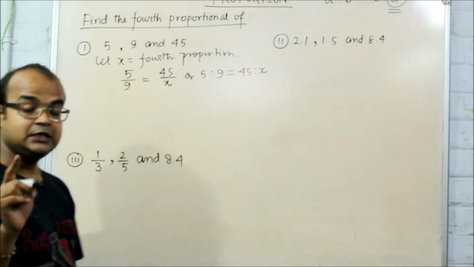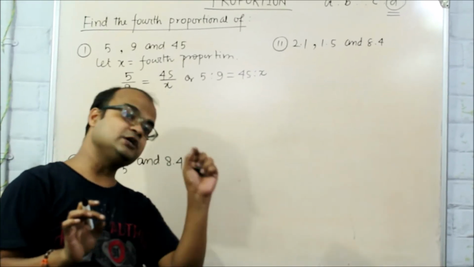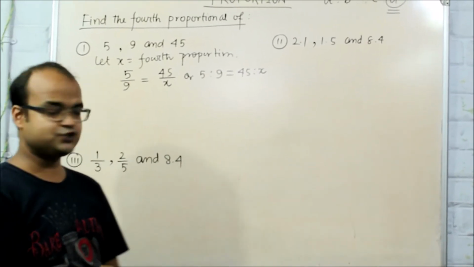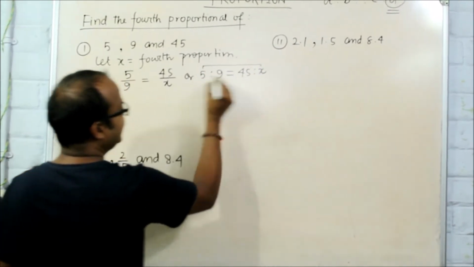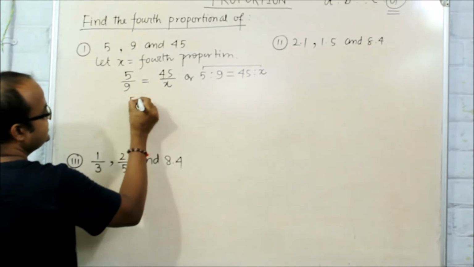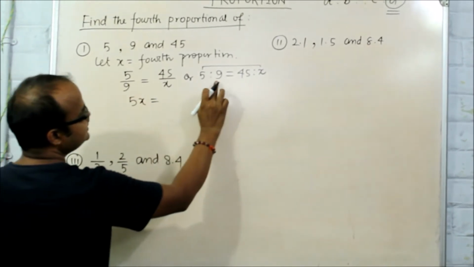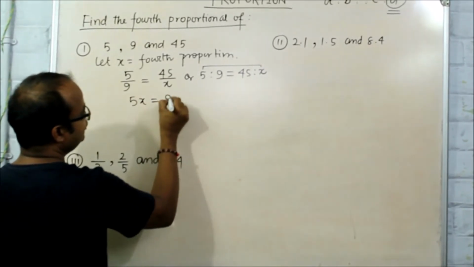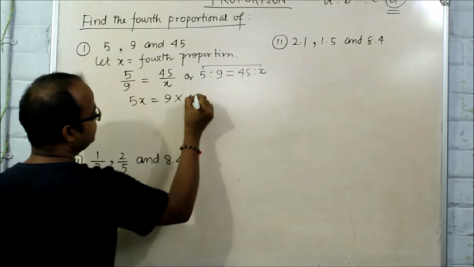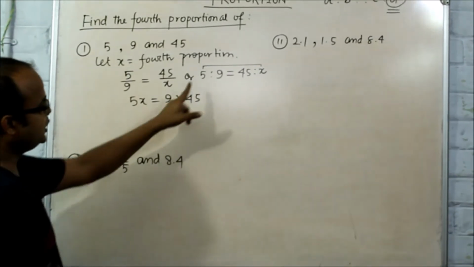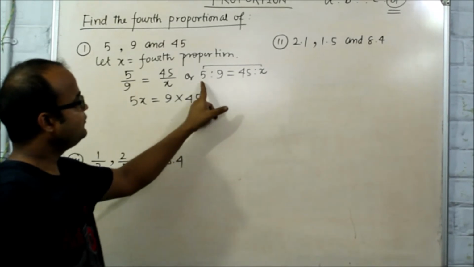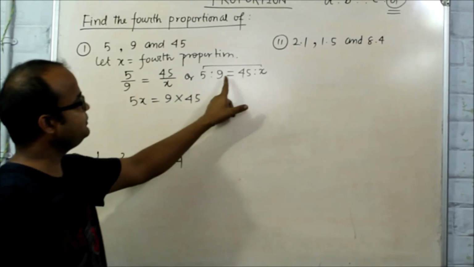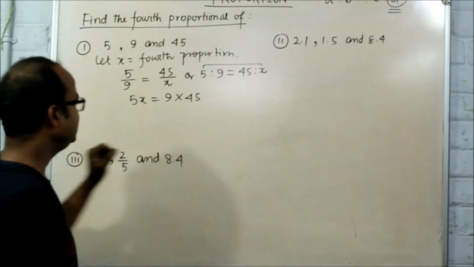Now what we know? We know that product of mean is equal to product of extreme. So product of extreme is equal to 5 into X, and product of mean is equal to 9 into 45.